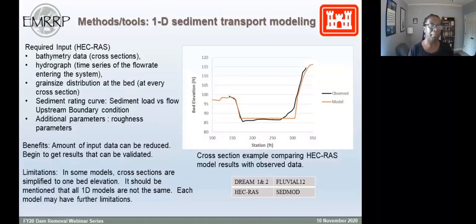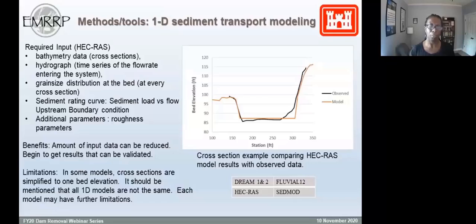Some of this input would have been needed no matter what model you use: bathymetric data at each cross-section, hydrographs, which could be time series of the flow rate entering the system, grain size distribution at the bed at every cross-section, things like sediment rating curves, and then there are some additional tuning parameters for roughness. Waleska is going to talk about sensitivity to some of those parameters.